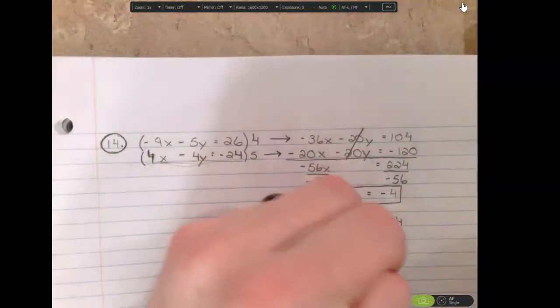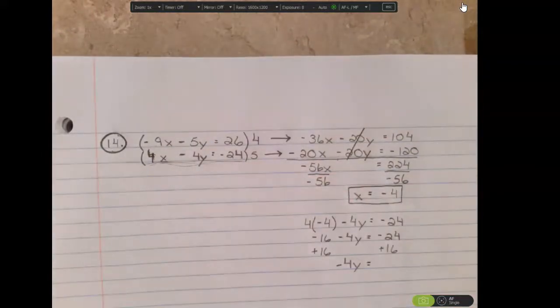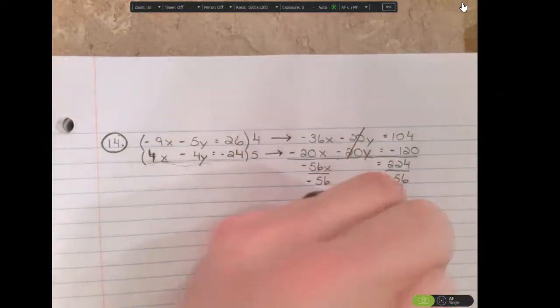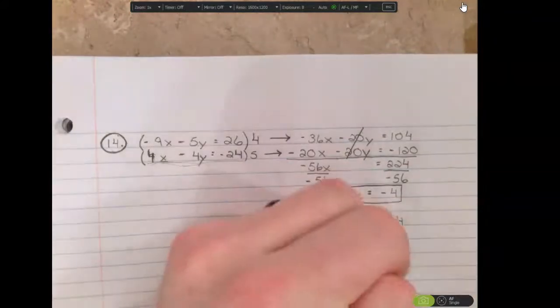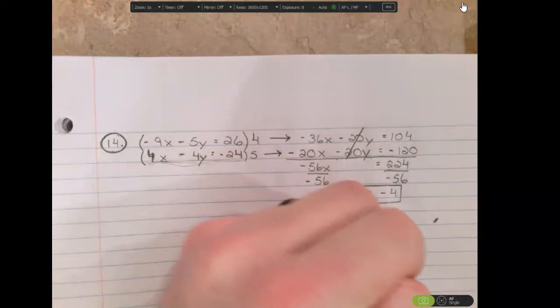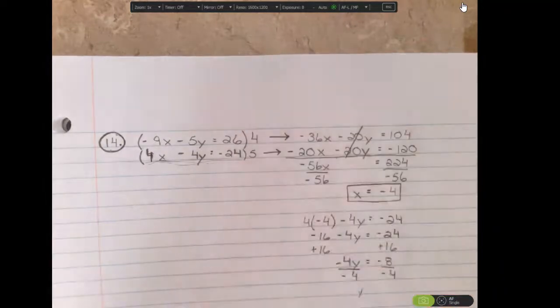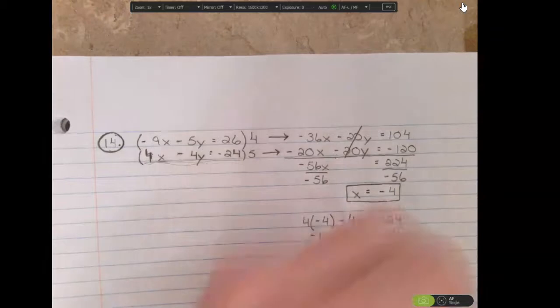Negative 4y is equal to negative 24 plus 16, negative 8. Last but not least, divide by negative 4. y is equal to 2.